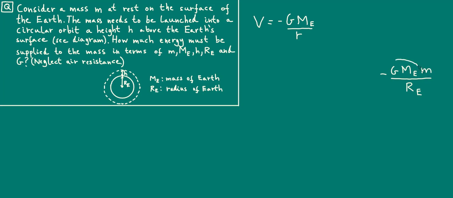So recall, if this represents the gravitational potential, which is the potential energy of 1 kilogram, we need to multiply by the mass of the object, which is m kilograms, to get the gravitational potential energy of that object at the surface of the Earth. And similarly, the gravitational potential energy of the mass m when it's at height h, when it's raised by height h above the surface of the Earth, is going to be given by the following.